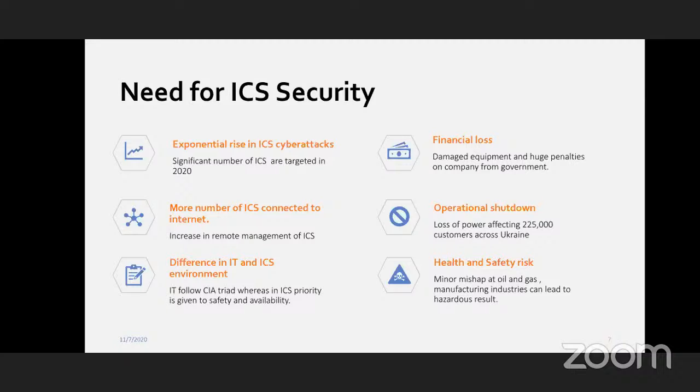Scary, isn't it? Hence, there is a need to protect ICS. A successful attack has serious impact on any organization, leading to operational shutdown, damaged equipment, financial loss, intellectual property theft, and substantial health and safety issues.